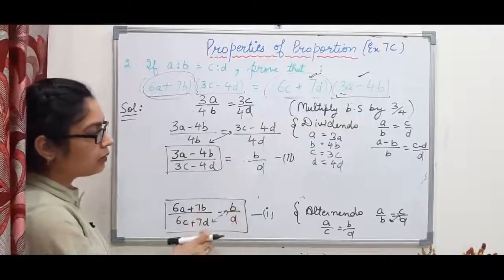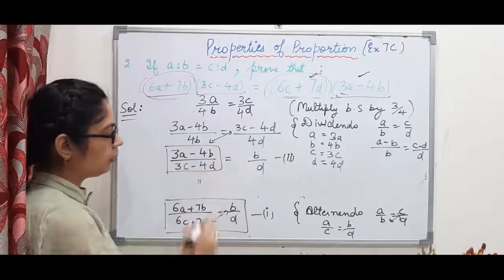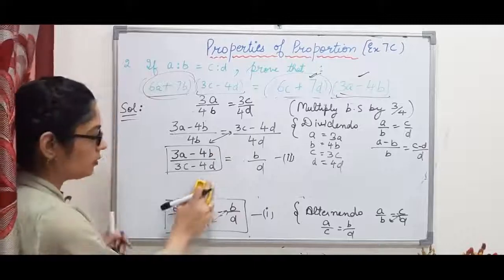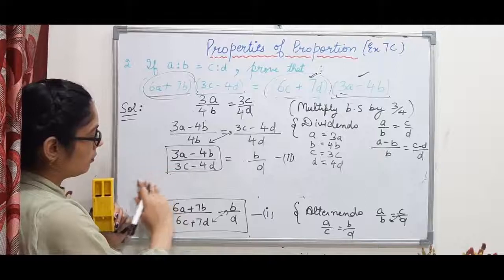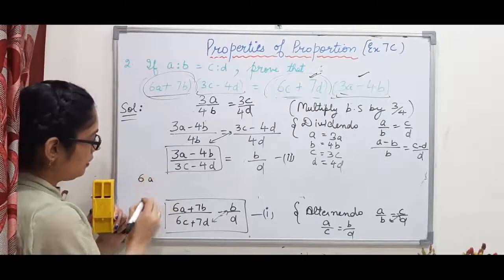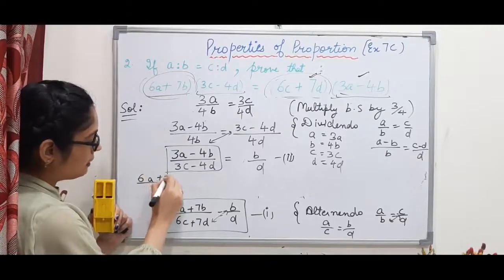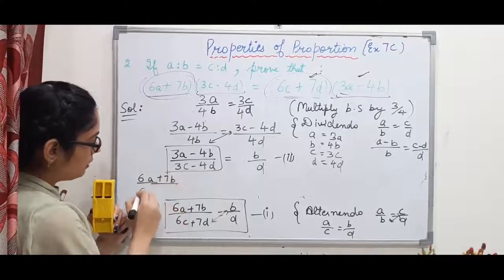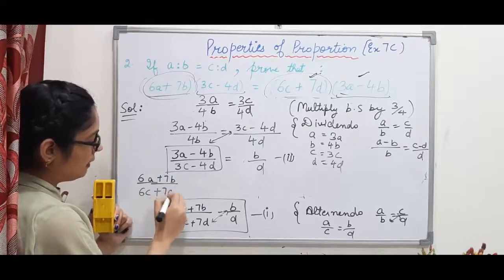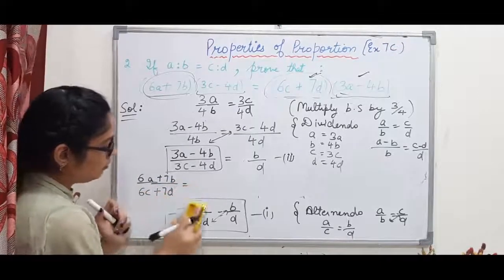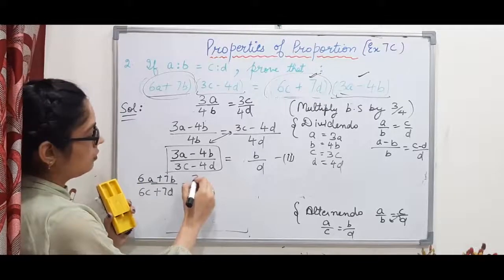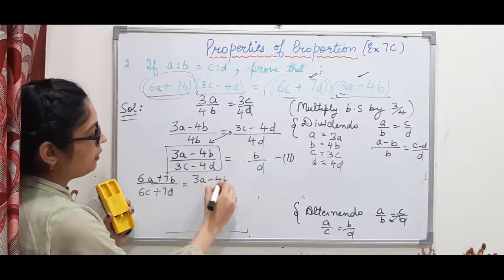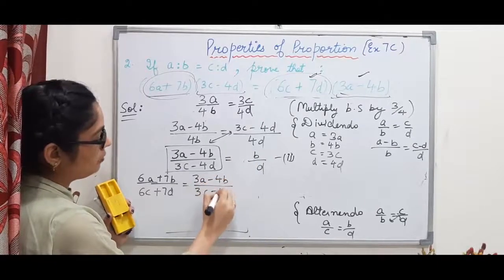Both of these are equal to b by d, that means both of these are equal to each other also. So I can write 6a plus 7b upon 6c plus 7d is equal to 3a minus 4b by 3c minus 4d.